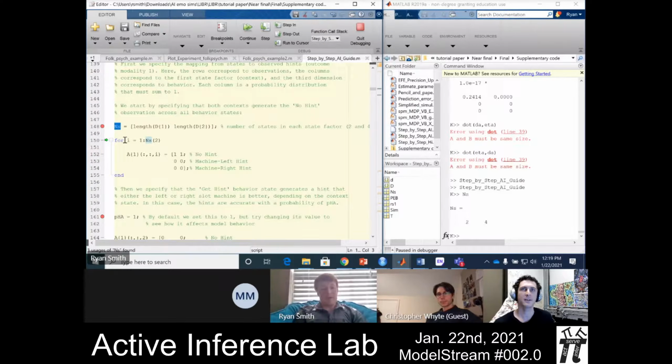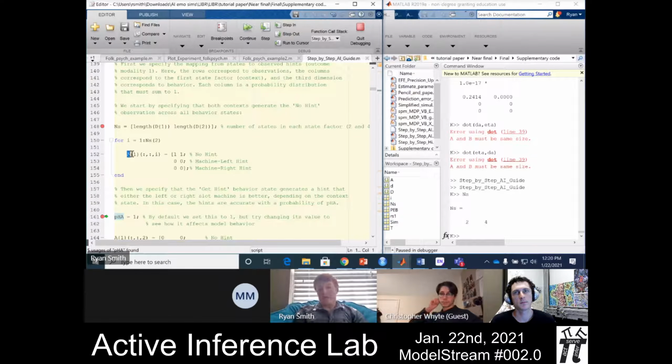So now that I've specified that, I can put in this little for loop, which just says for i equals 1 to the number of states for factor 2, I'm going to make it all the no hint observation. This is just saying that for all the matrices in A1 to start with, everything is just going to generate the no hint observation. So it will end up looking like this.